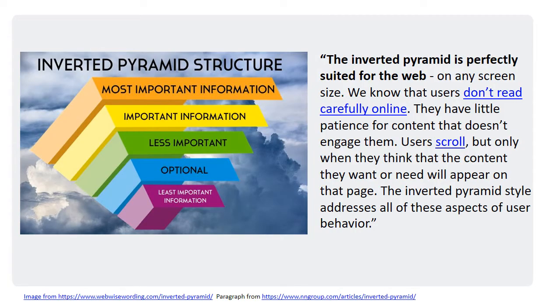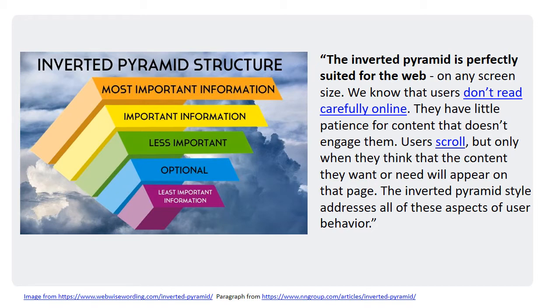I mentioned the inverted pyramid structure as a way to organize and present information to readers and learners online. It is perfectly suited for the web. We know that students have little patience for reading content online, and we need to address these kinds of behaviors online. This inverted pyramid style addresses all of these aspects of user behavior.